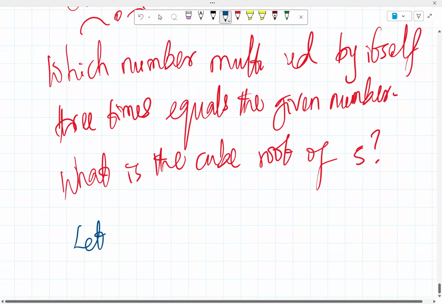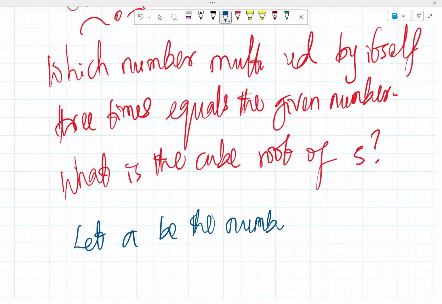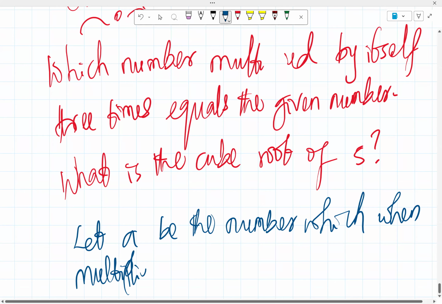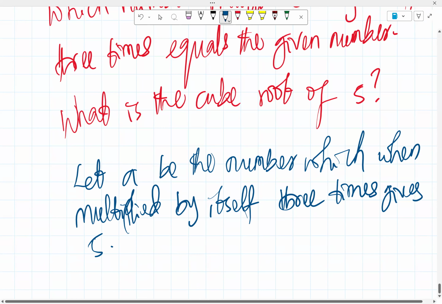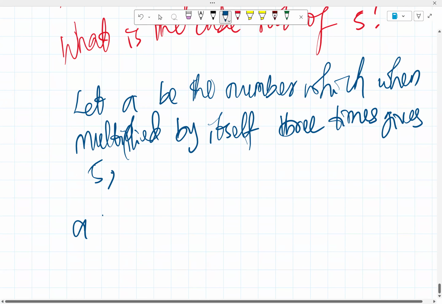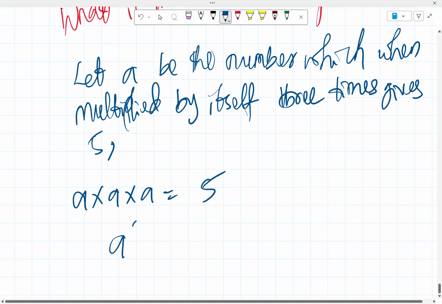Let A be the number which when multiplied by itself three times gives 5, because you're looking for the cube root of 5. So that means that A times A times A is equal to 5. So that means that A raised to power 3 is equal to 5. So we need to find A now.